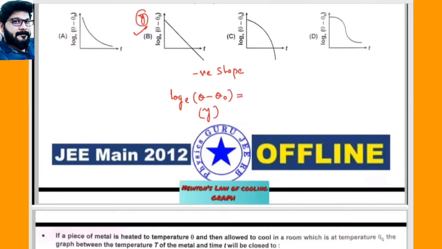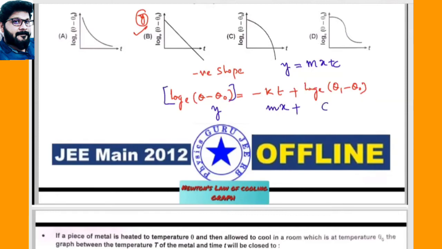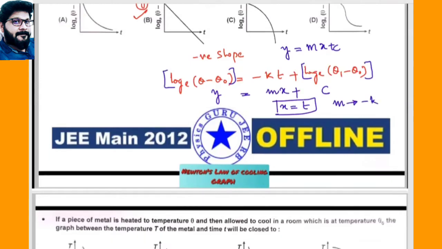Next, minus k t, with t on the x-axis, plus the constant log base e of (theta 1 minus theta naught). So this is y equals mx plus c: this is y, this is mx, and this is the constant c. Comparing, y is the log term, x is t, and m is the slope, which is negative k, a negative slope.